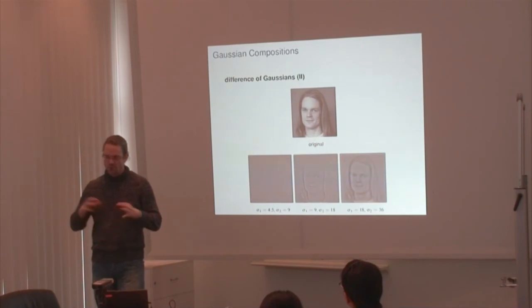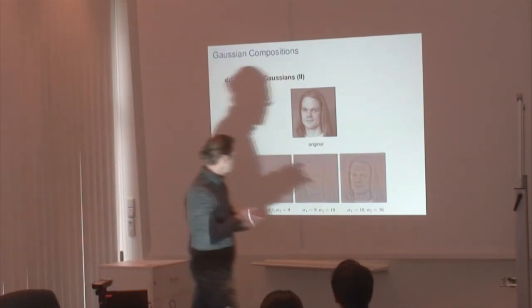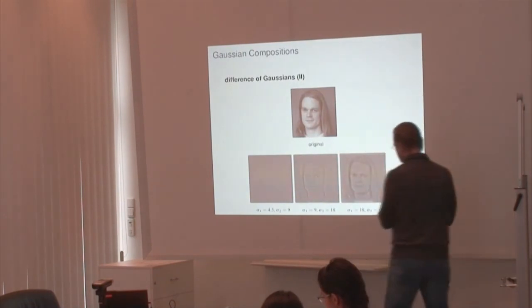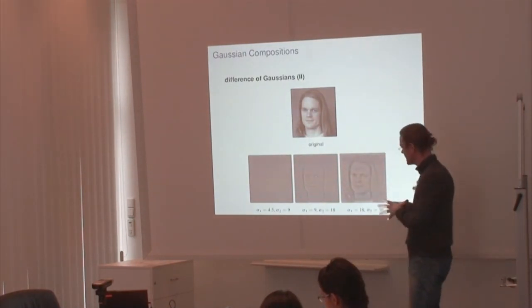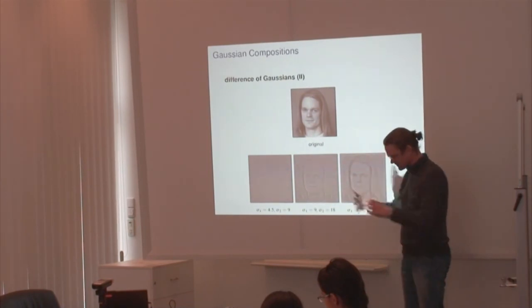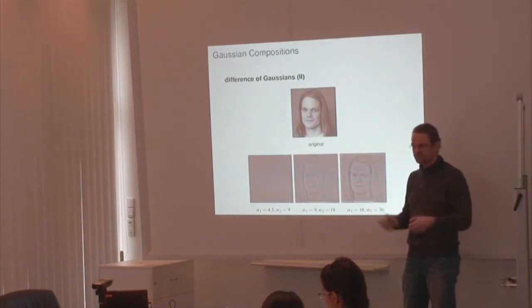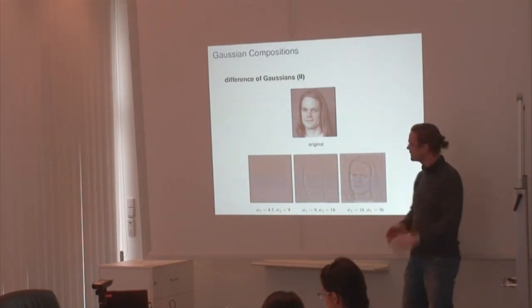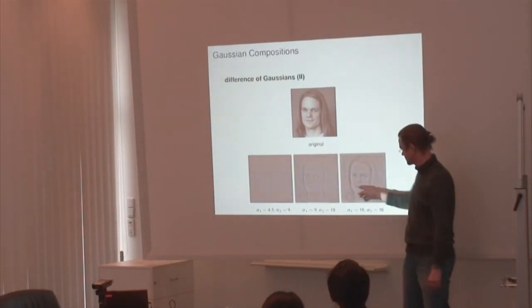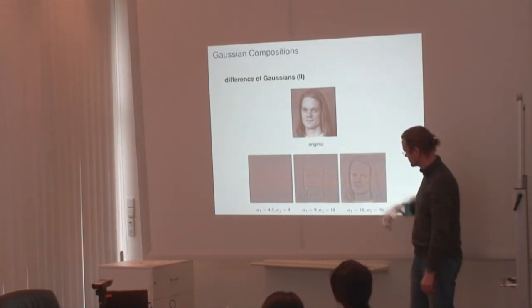And when I increased the variance parameters of these Gaussians, it still detects edges, but things become more blurry. Right? But note that it not only detects edges, but also in a certain sense those parts of an image that are small homogeneous parts, like my mouth here. This is sort of visible in this filtered version.